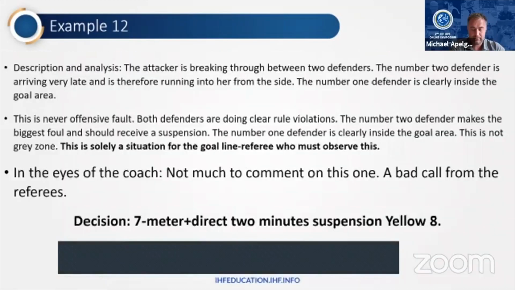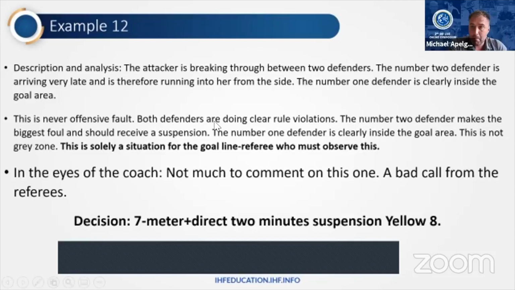And of course, this is never an offensive foul. The attacker, she's able to break through between the two defenders, especially the number 2 defender, not the outer defender, but the one next to her, is arriving quite late, and therefore he moves or runs into her from the side.